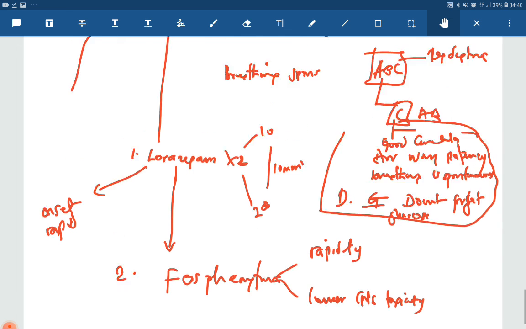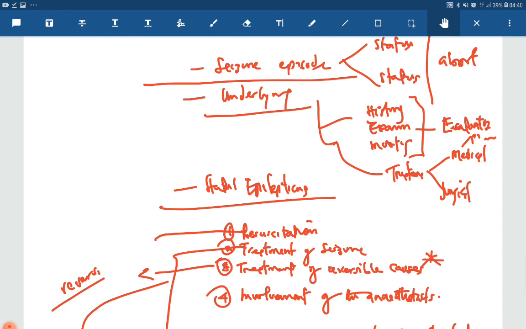By and large, you have a patient presenting in the hospital with seizure, and your goal is to abort the seizure and to evaluate the cause of the seizure and treat. Some causes are reversible, some are not reversible.